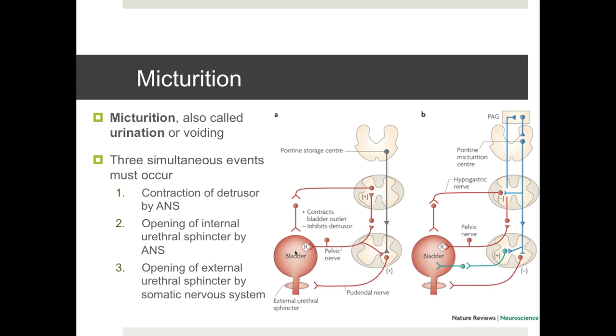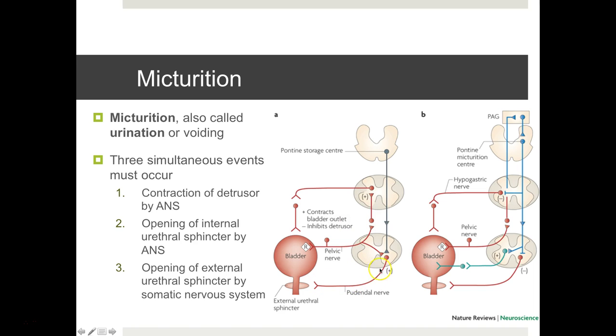This is stimulating our sympathetic outflow in our hypogastric nerve over here, connecting to our bladder outlet, which is going to be the bladder base and the urethra. And it's also stimulating our pudendal output.